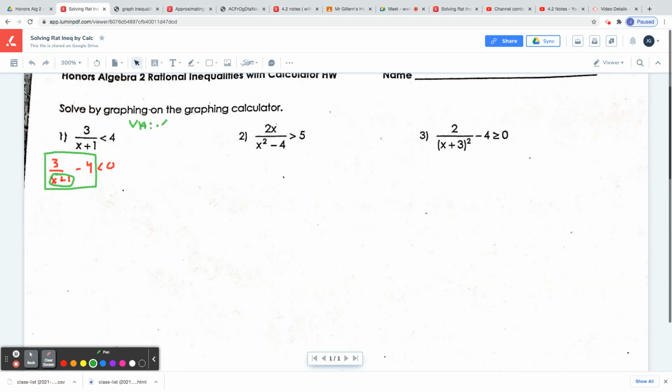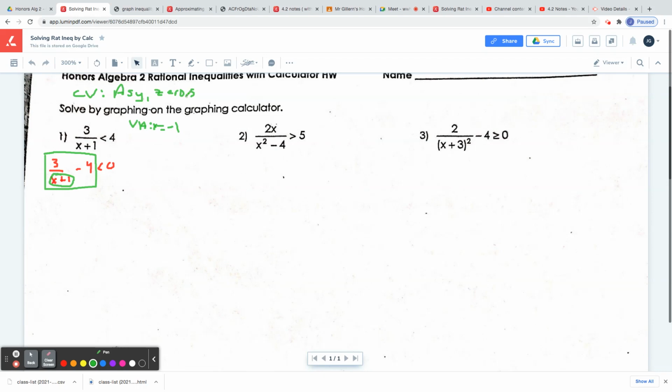This is important. The reason this is important is because you know how we had our critical values before? On a graph in the calculator, the critical values are the asymptotes and the zeros. Before, when you do it by hand, you have to calculate them by setting the top equal to 0.